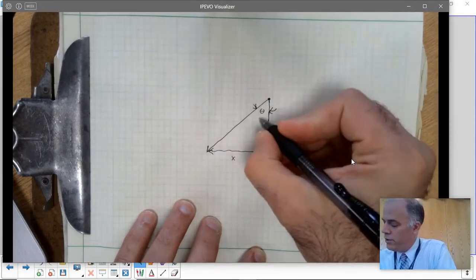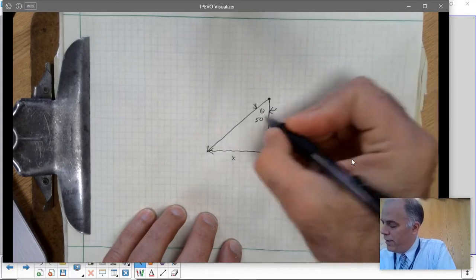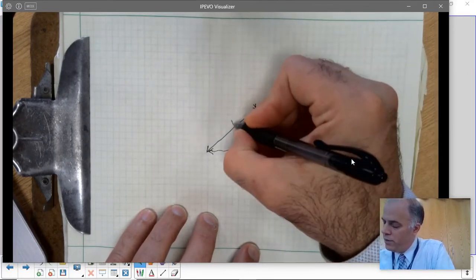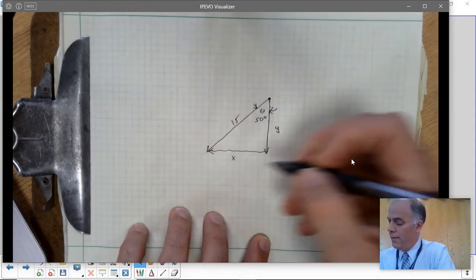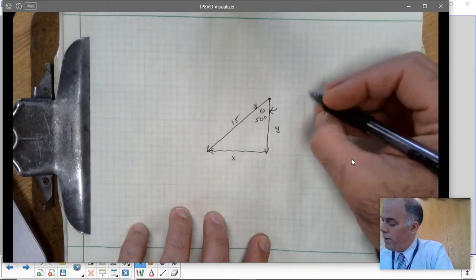Okay, now we're going to say this is 50 degrees, and we'll say that the length of the hypotenuse is 15. And we want to figure out the length of y and the length of x. And we use Sohcahtoa to do this.